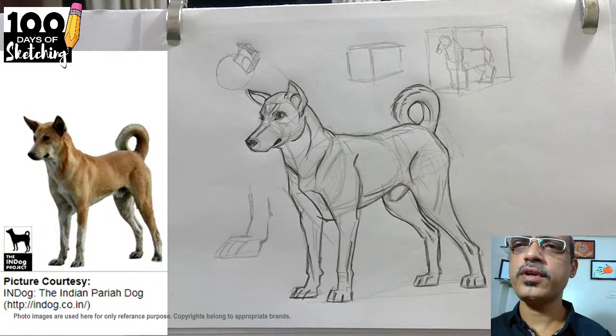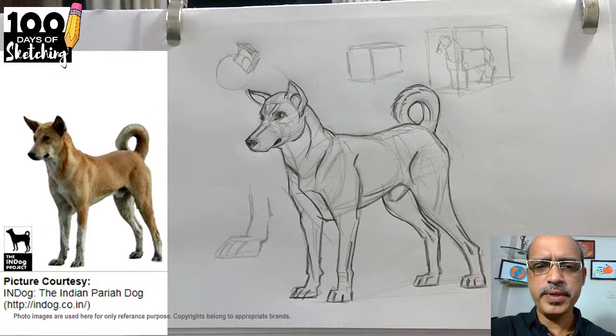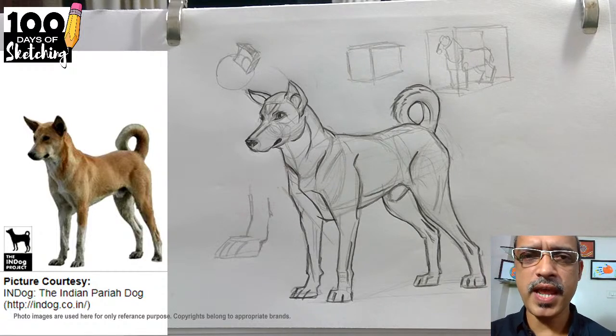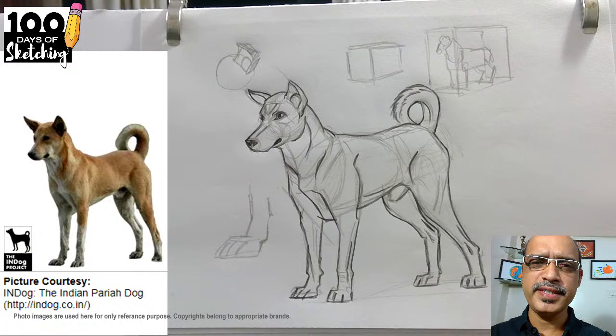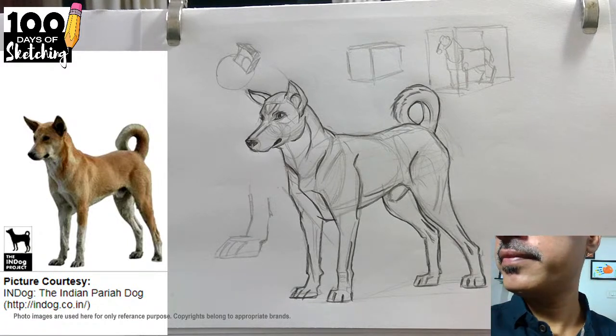Yeah, so that is the sketch we completed, and I'll just add the shadows in some portions to get more dimension, right?